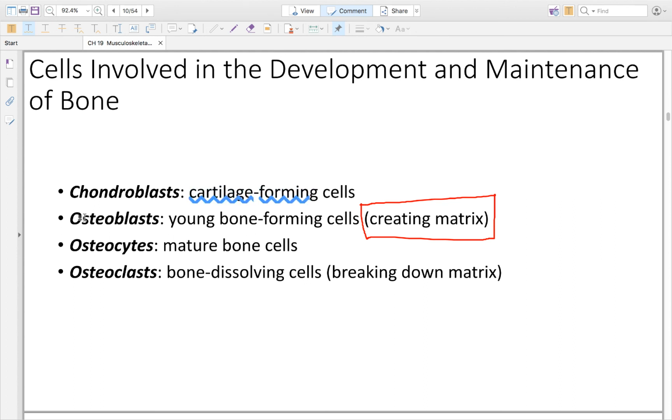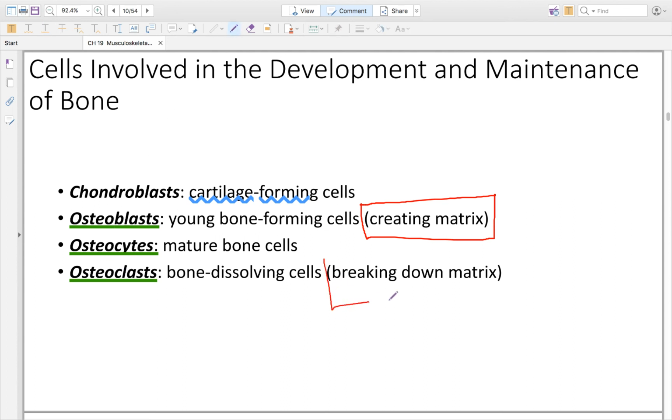Now osteoblast. Osteo means bone and blast means that it's young, immature, and matrix forming. And the matrix that it's forming is bone matrix. So this is bone matrix forming cells. These are the cells that build up your bones. An osteocyte is a mature bone cell, and an osteoclast is there to break down the matrix of the bone.